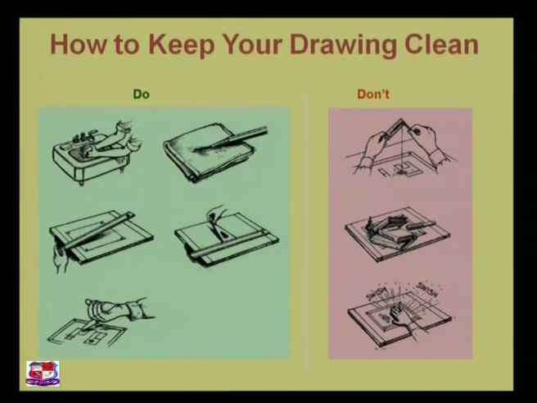In general practice, in the general market, HB pencils are available. If you use this HB pencil and you just put your hand on the drawing, then your drawing will be smudged. That's why please be careful while choosing your pencils.